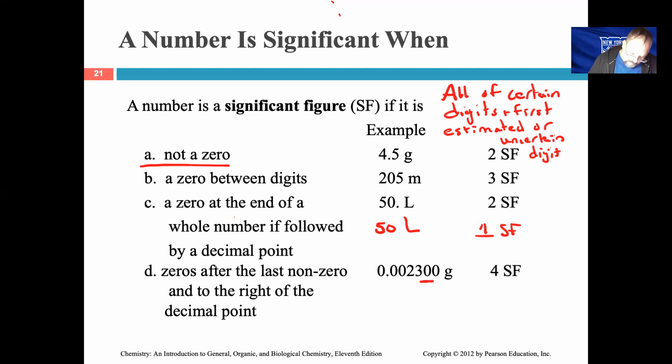And these two zeros after the 3 would be significant because they are after the last non-zero digit and they are to the right of the decimal point. As we'll talk about in a moment, the 3 zeros before the 2 would not be significant. So this measured number would have 4 significant figures.